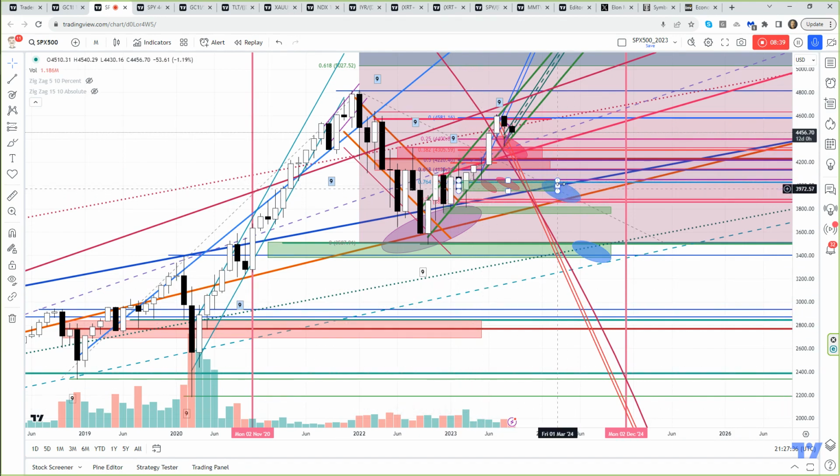We now have support in this area, support in this area, very strong resistance in this area, a very strong potential double topping formation, a very strong threshold of resistance and rejection in this area and this area. You can see it here: rejection, rallied through it, came back down, up again, rejection, move back up, rejection.